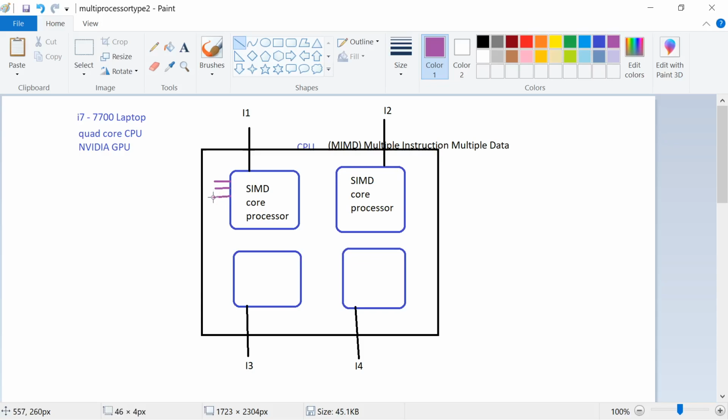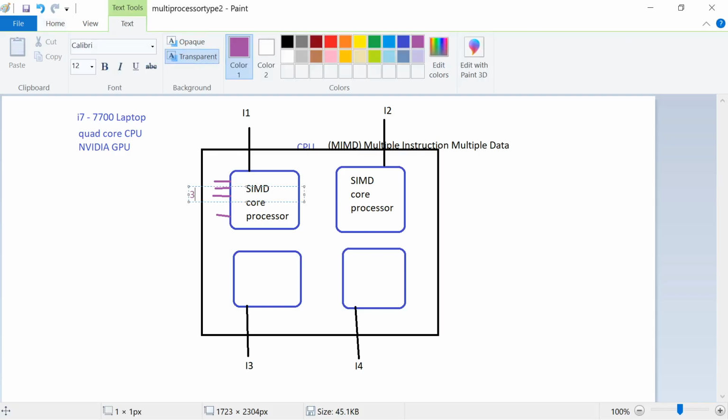I do not know how many lines we have exactly in my system, but let us assume this is 32 data lines.